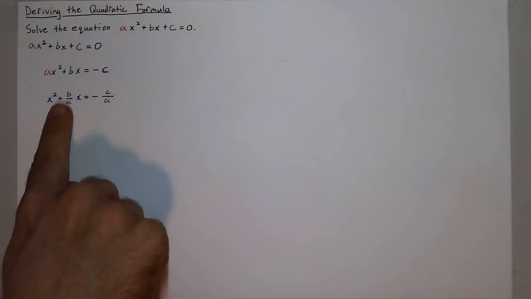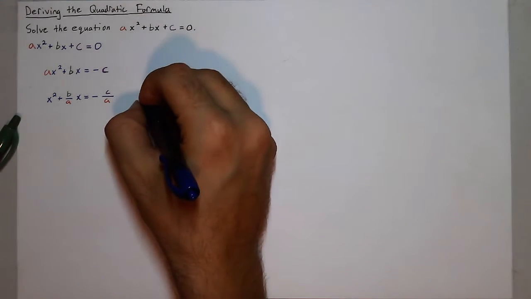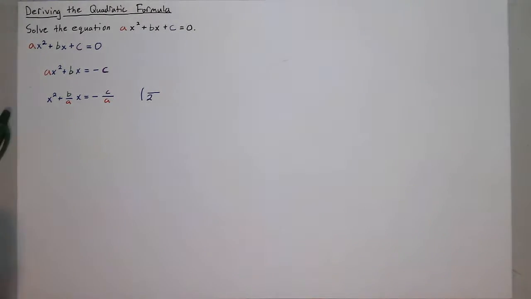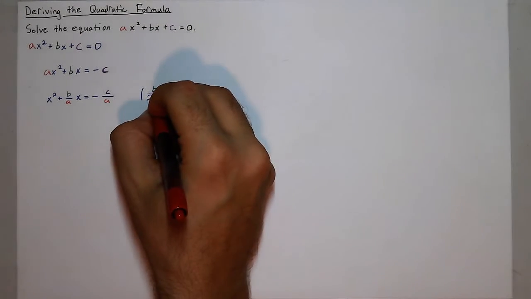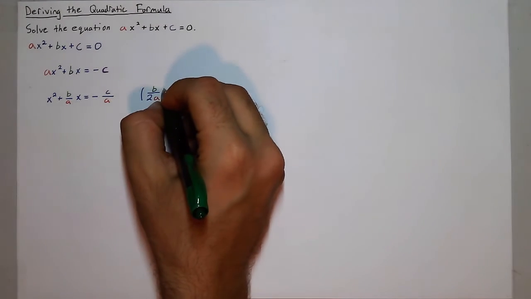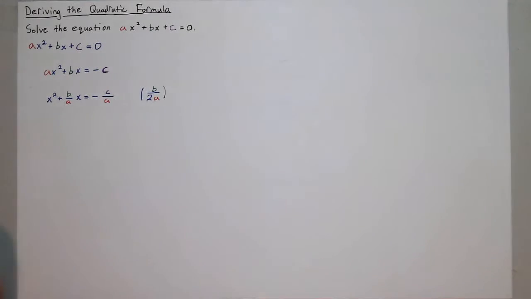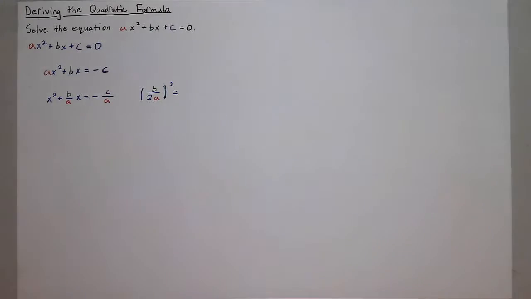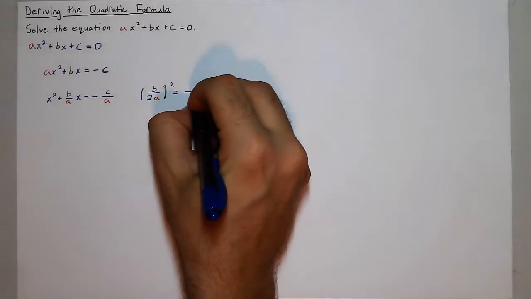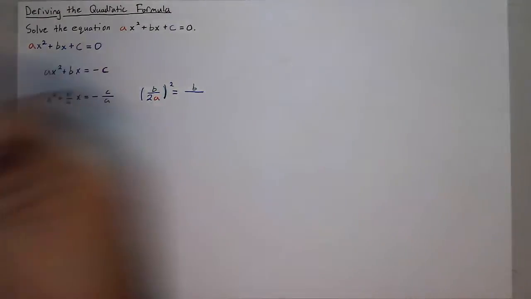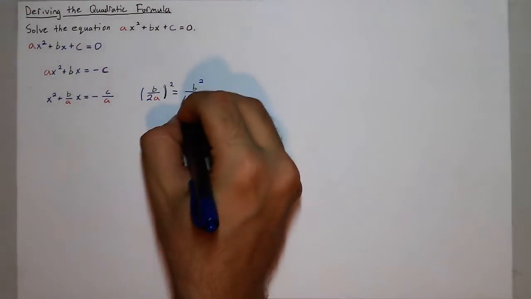So half of this squared would be b over 2a squared, which would give me b squared over 4a squared.